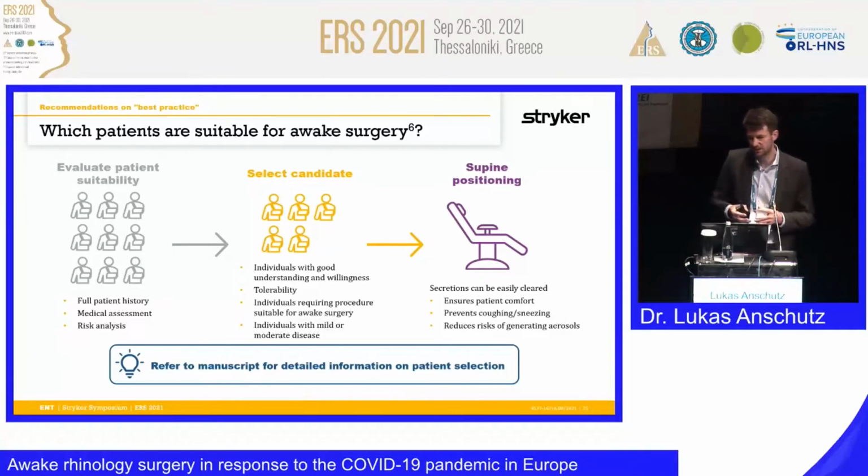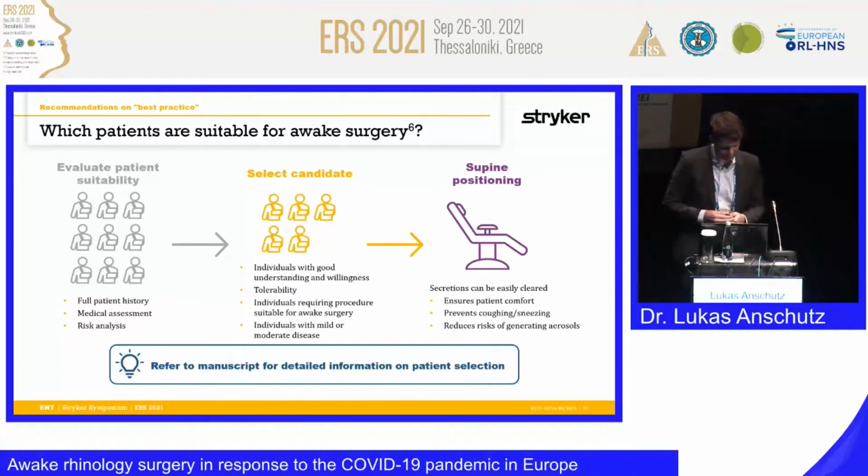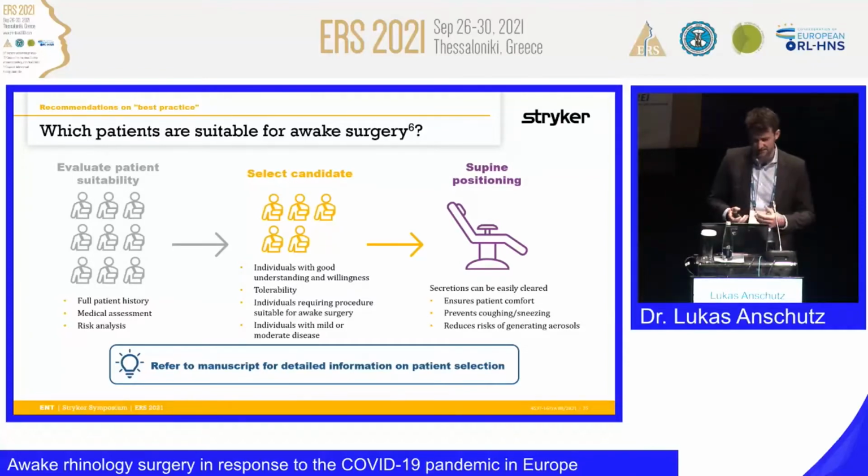A good risk analysis is also important if you have patients who are very anxious, very nervous, who have psychiatric comorbidities. I had a case like that, which is why I'm telling you this here. Or they have anticoagulation. Probably these are not good cases for you to treat in the office.